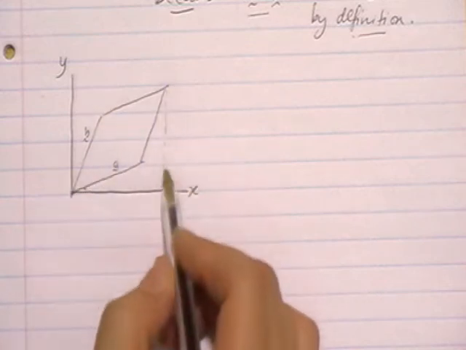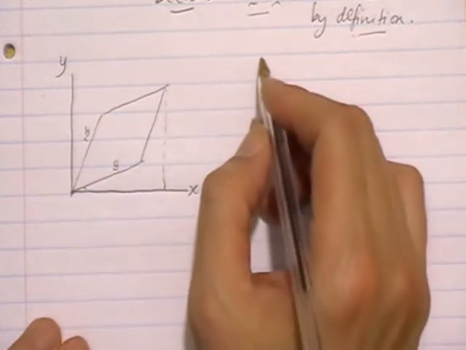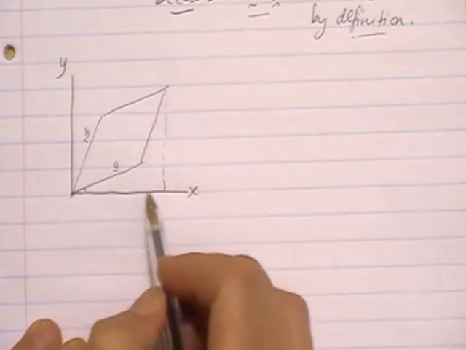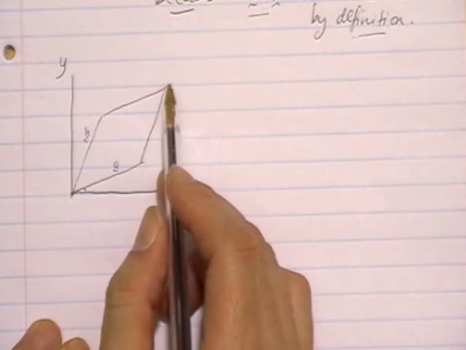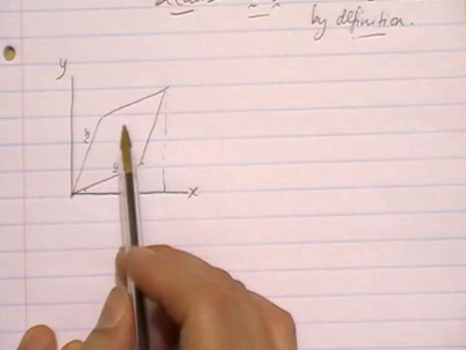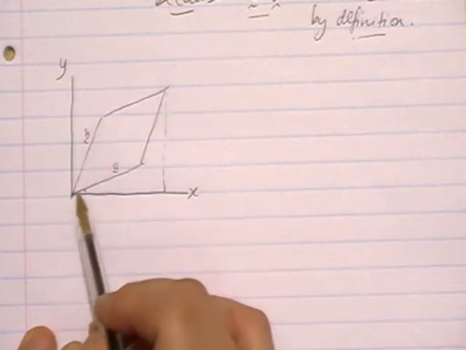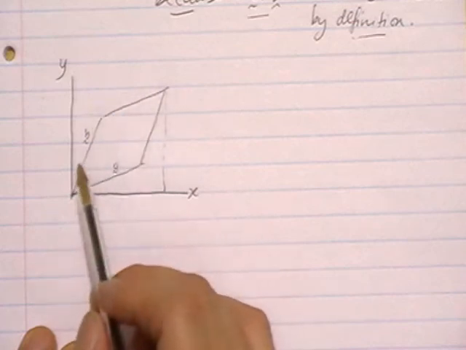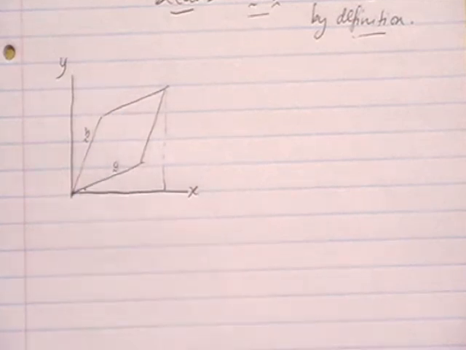Okay, that means the whole thing. And then I shall find the area of this figure in terms of AX, AY, BX, BY. And then I'll subtract the small area from the big area to find the area of the parallelogram and show that that gives the correct formula.